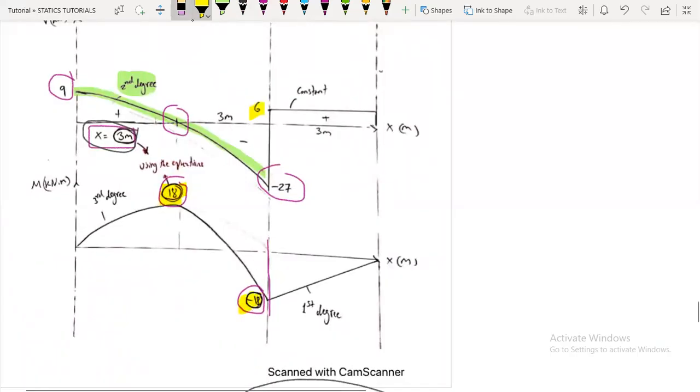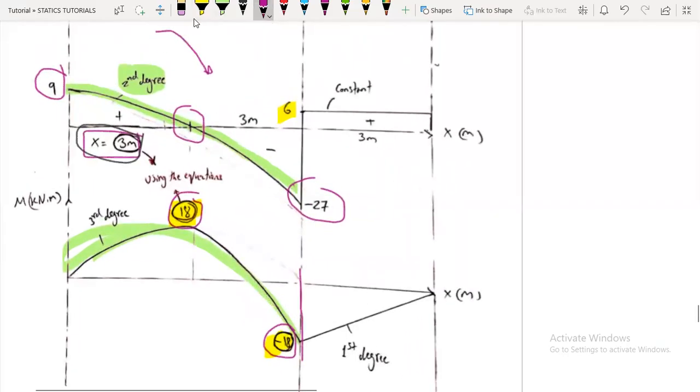Okay, and the curve will be what? Of the third degree. Now here you can note that the values are decreasing. Or sorry, here the first part, the values are positive. Okay, so the values are what?